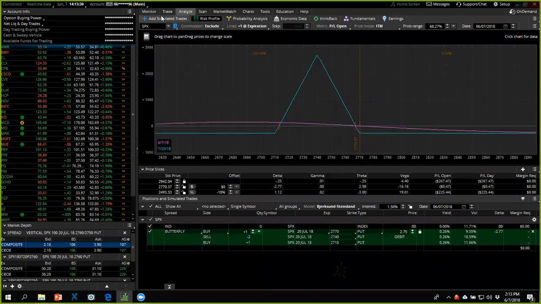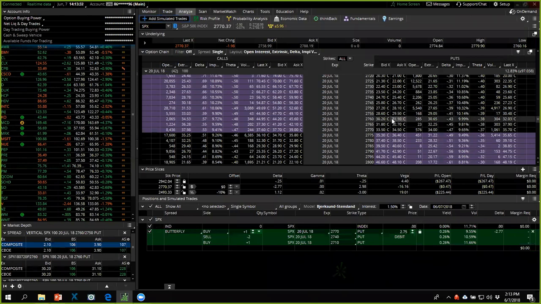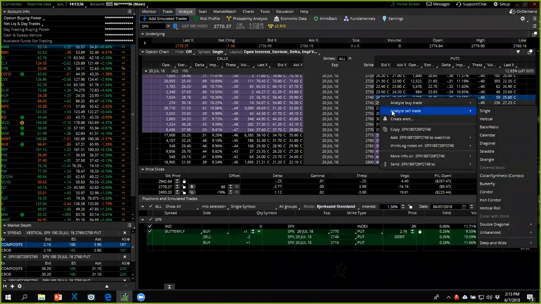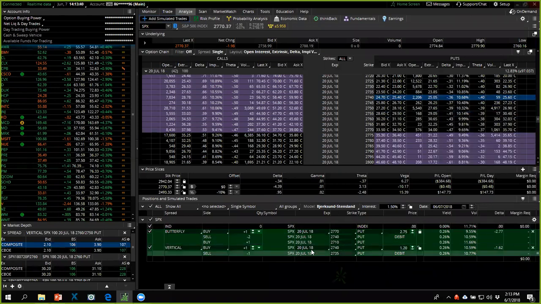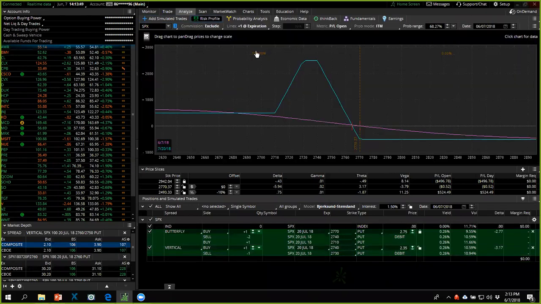If you want to do that kind of thing, a better choice might be to buy them back as a debit spread, which simply rolls some of them down. So if I buy the 2740s and sell the 2730s, essentially I'm rolling a put down 10 points. Now you can see it kind of condorizes the graph a little bit, stretches out the peak.